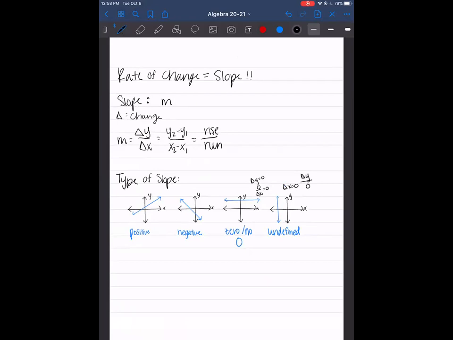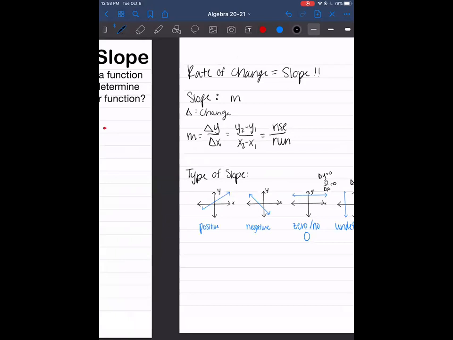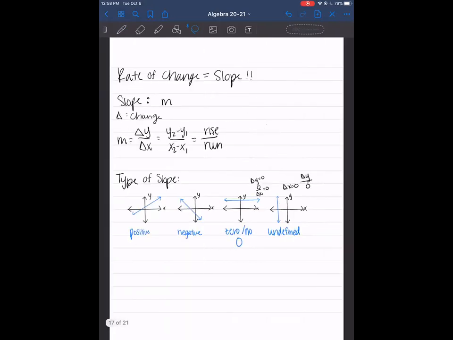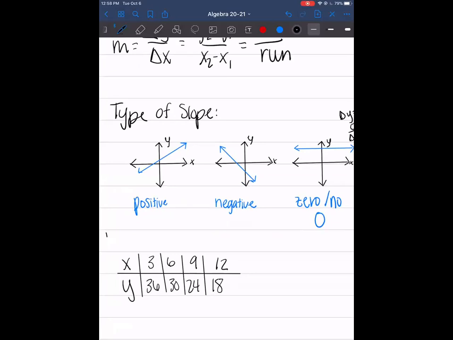But I wanted to go ahead and give you some practice or examples. If we looked at the table over here for our linear example that I gave, see if I can copy all of this. Copy. Paste. Okay. So we're going to talk about examples of how to find slope.